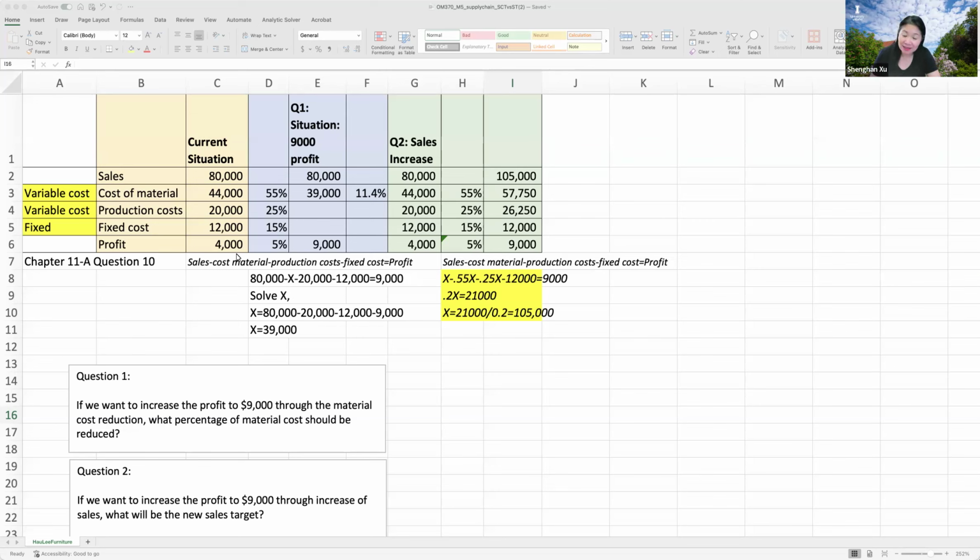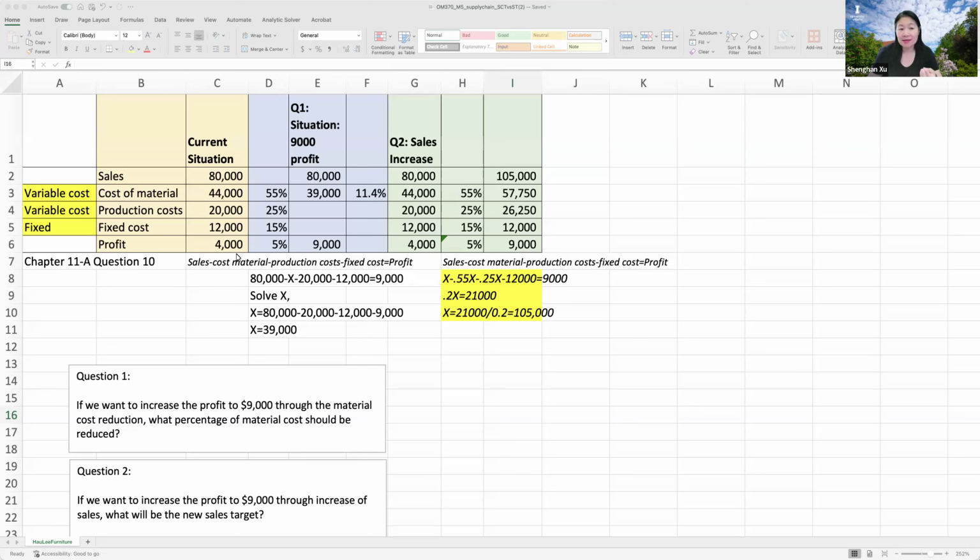And those accounting majors will know that we allocate this cost for particular activities. So in this particular production environment, it was allocated a fixed cost of $12,000. And this cost does not change when the production volume changes.